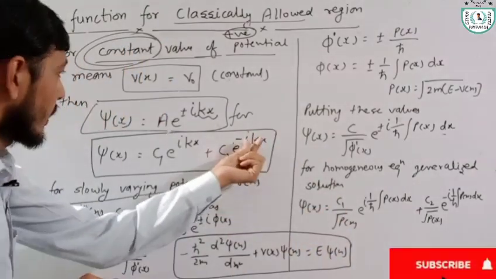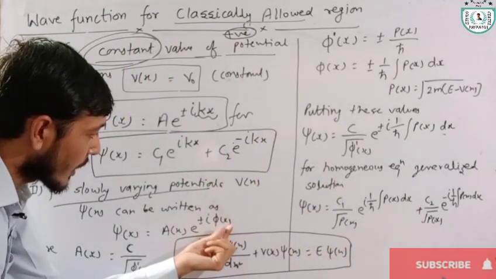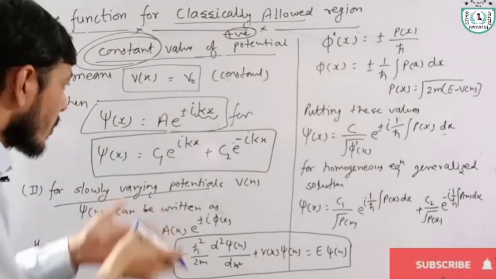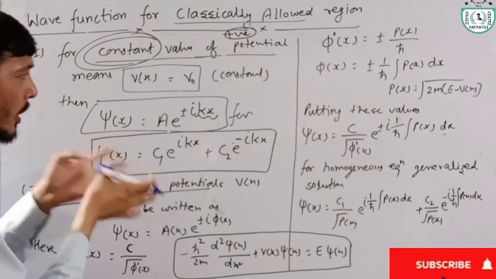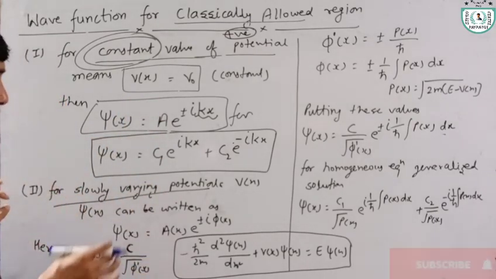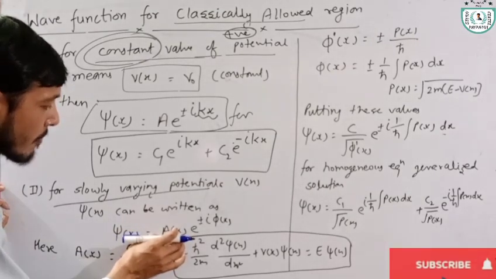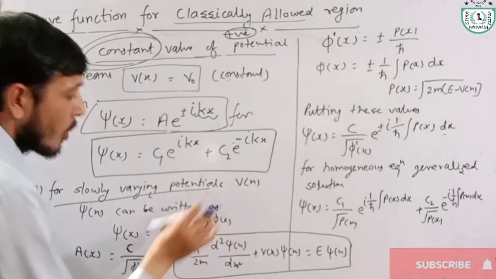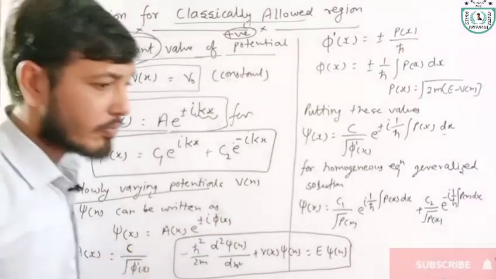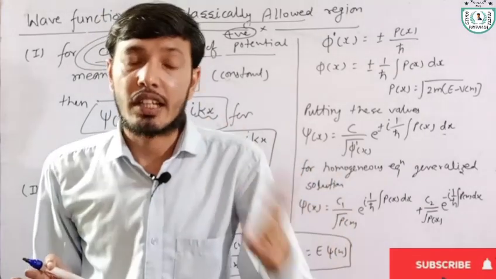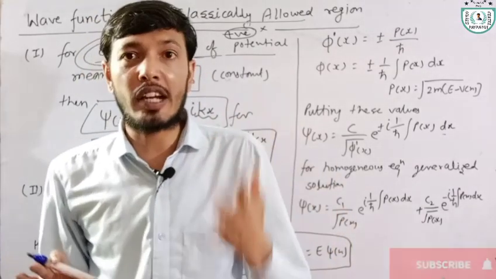Now we will write this as a function of x, that is, phi of x. So after putting these values, we have the wave function psi of x is equal to A of x e raised to power plus minus iota phi of x. Here A of x and phi of x are functions of x.